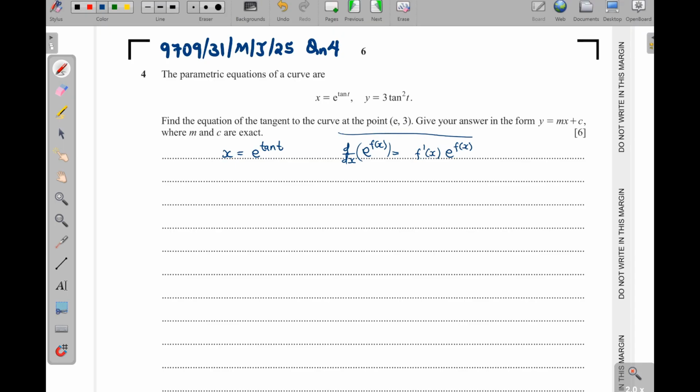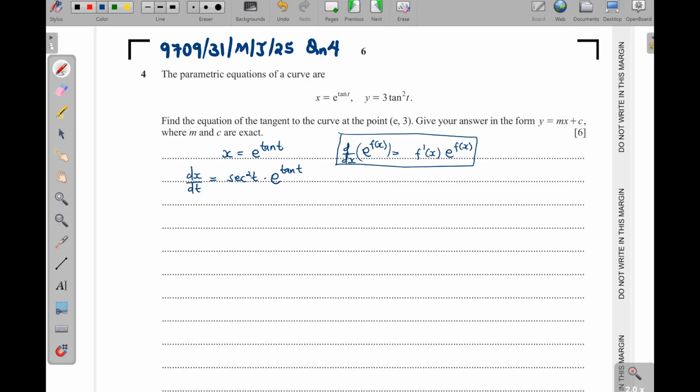This is what we are going to apply here. That means our dx/dt is going to be equal to, when you differentiate tan t, you get sec squared t. You can even check in the list of formulae: to differentiate tan x, you get sec squared x. Then we shall multiply with e to the power of tan t. You see that?